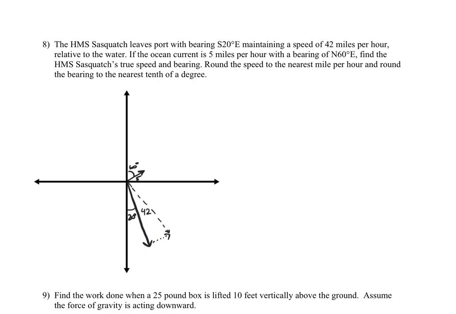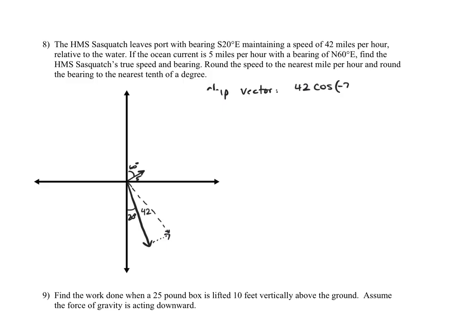So we need to find the component form of the ship vector and the component form of the current. So the magnitude is 42 miles per hour. So for the x component, we're going to do 42 times the cosine of the angle. So here, if this is a 20-degree angle, that means this is a 70-degree angle here.